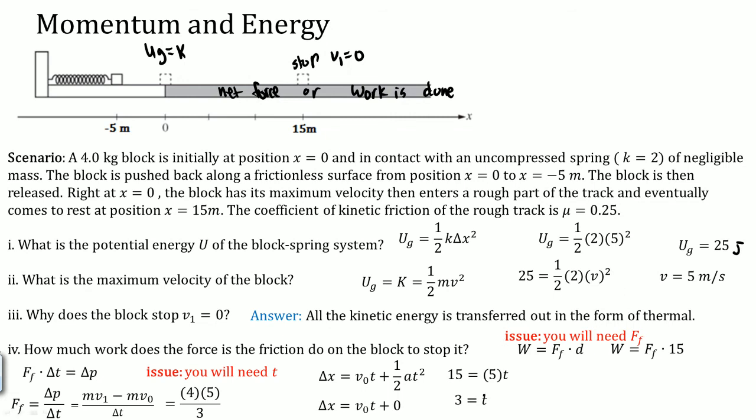You can plug it back in here, getting you 6.67 newtons. After that, you can plug it back into the work equation, getting you work equals 100 joules. This is a good problem to see how kinetic energy, force, and momentum all connect. Here you go. This is your lecture on momentum and impulse.